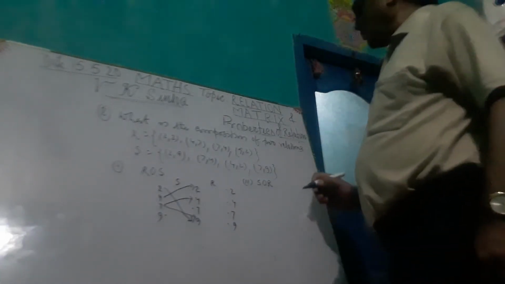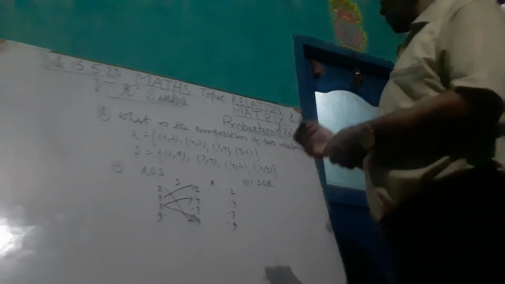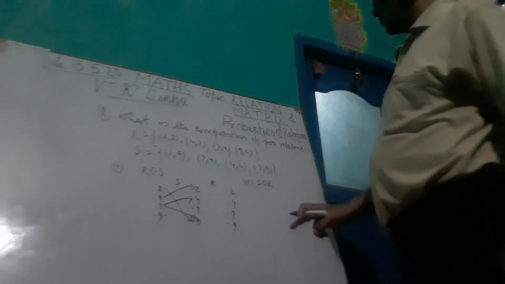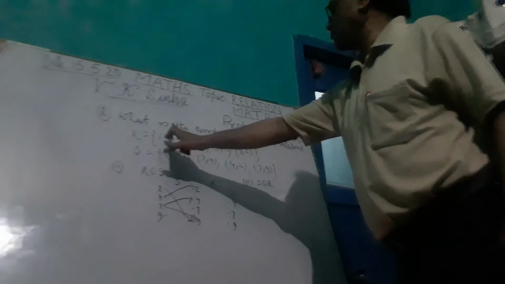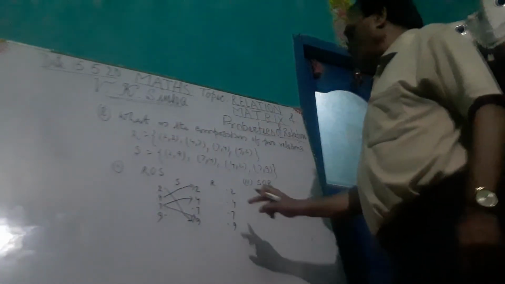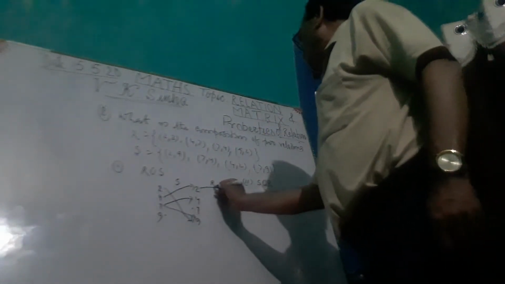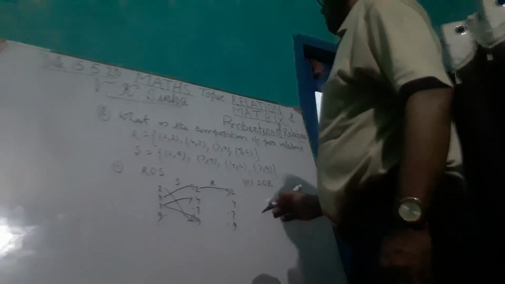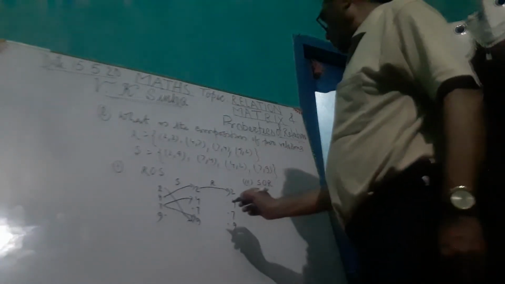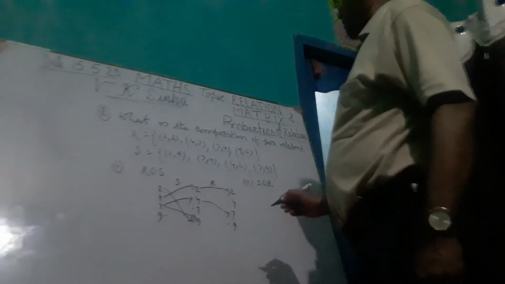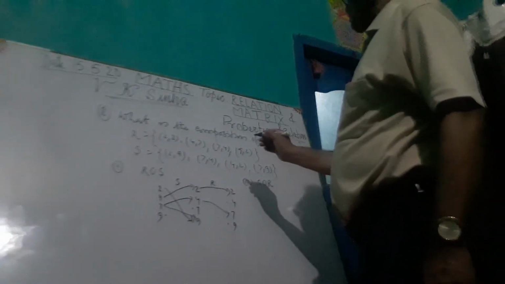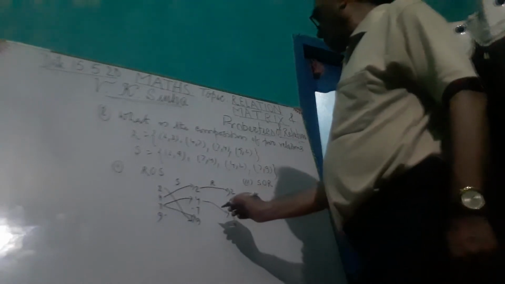And now the relation R. The first element of R is (2, 2). So 2 is connected to 2. (4, 7): so 4 is connected to 7. And 7 to 4.